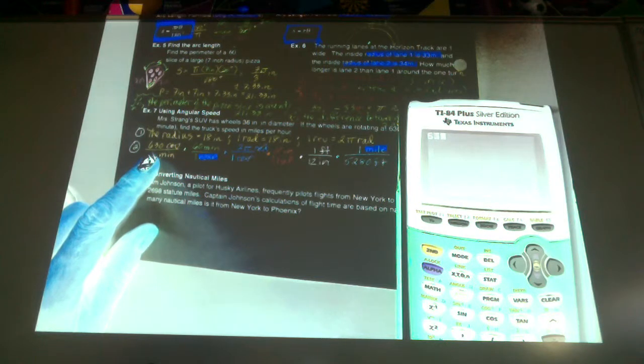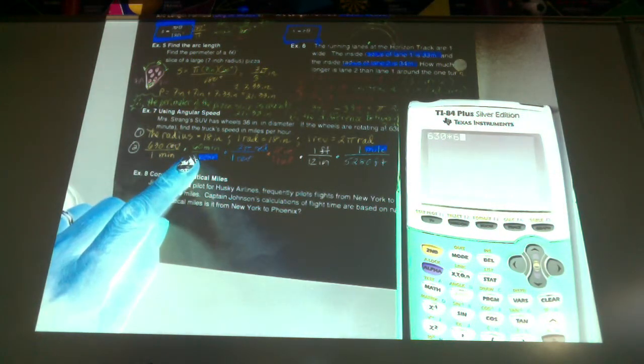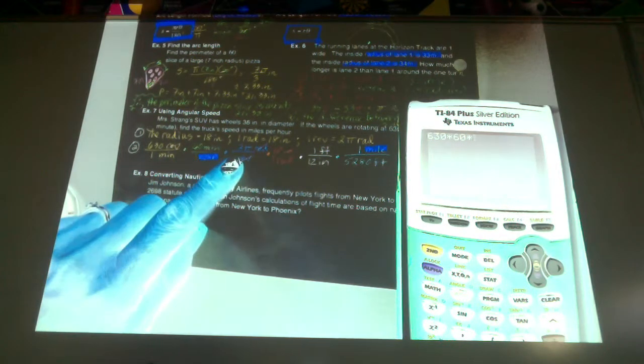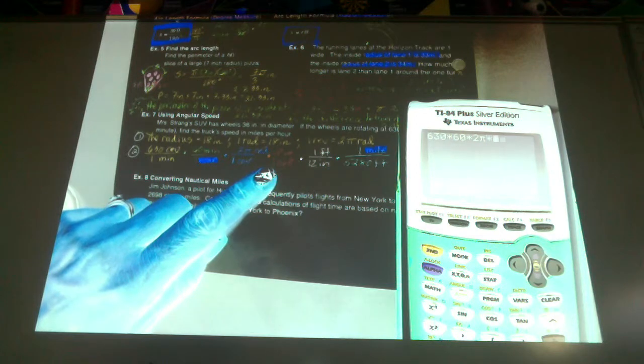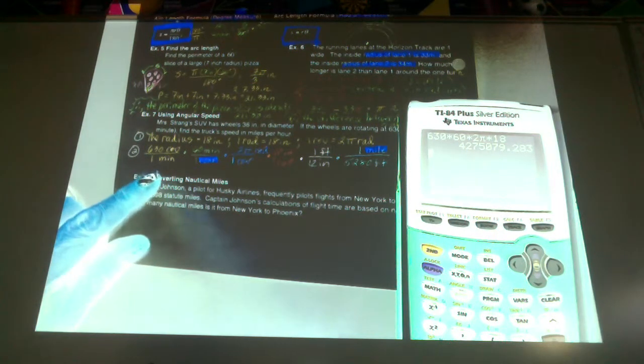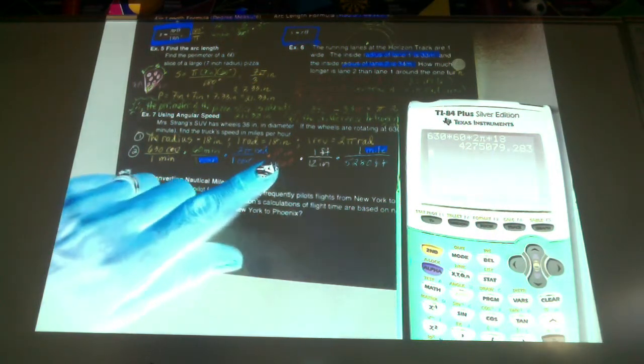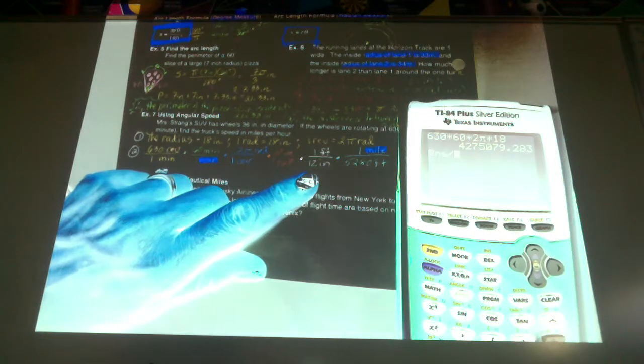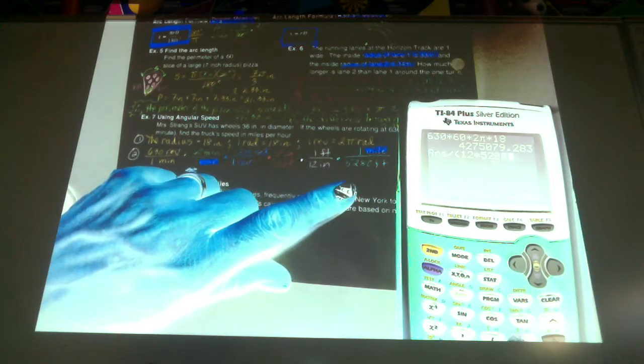So we've got 630 times 60 times 2 pi, use the whole pi, times 18 times 1 times 1. And so that's what the numerator is. And then my denominator is 1, 1, 1, 1, 12, so divided by, in parentheses, 12 times 5,280. And those parentheses.